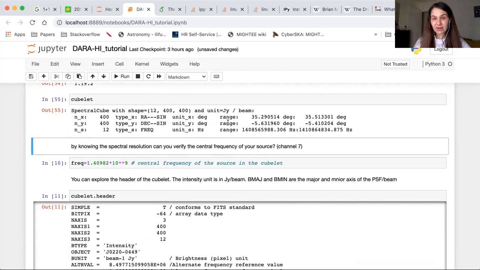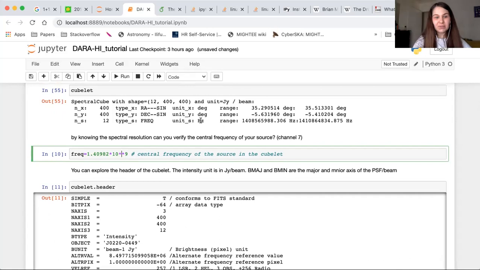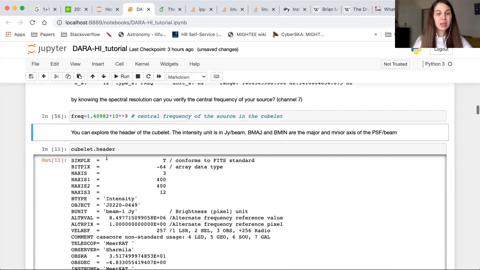We can identify the central channel, the central frequency of our source, just by looking at the data cube, where your galaxy is the most elongated, or by calculating the mean of the range. So the observed frequency, or the central frequency of our source, is as follows. We also put it in.